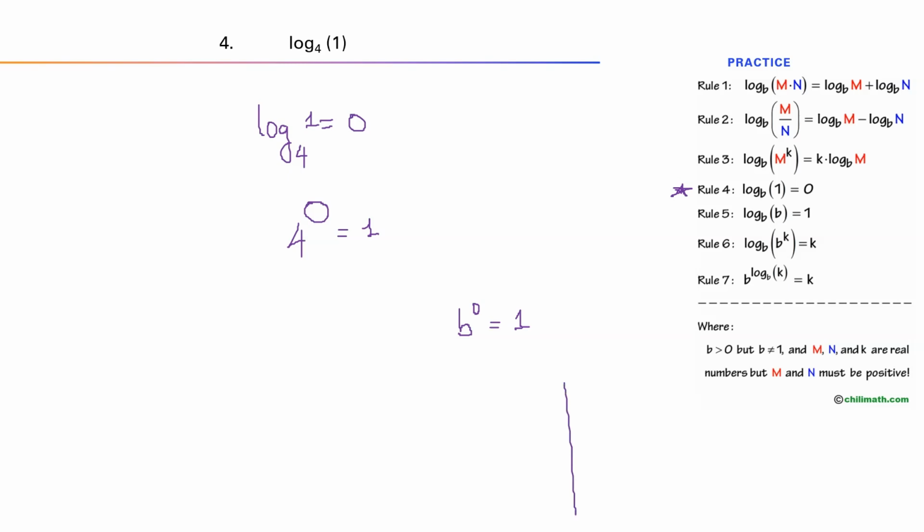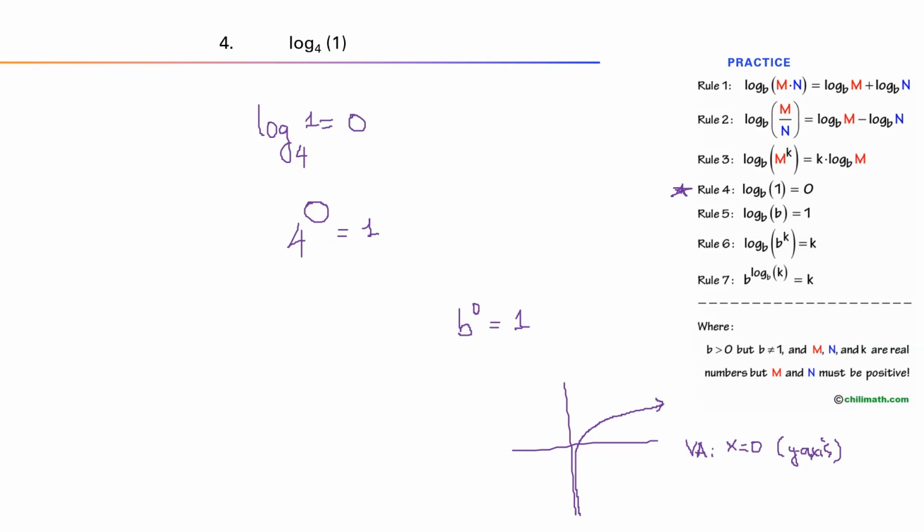Remember, the graph of the log has the vertical asymptote at x equals 0, or the y axis, right?